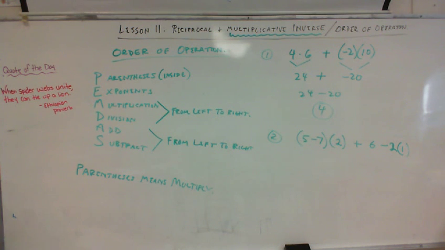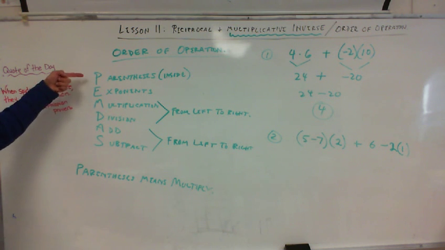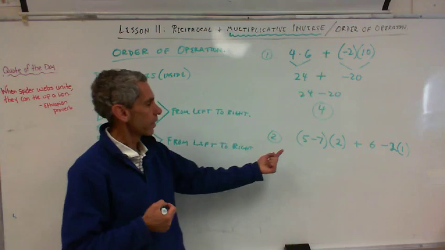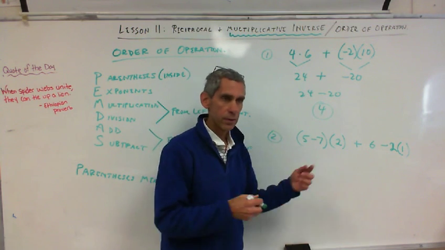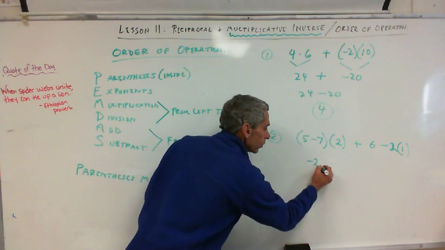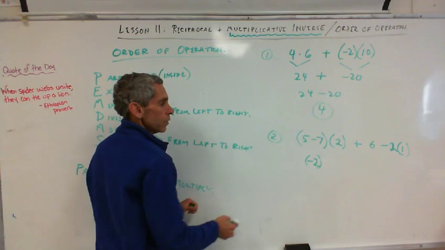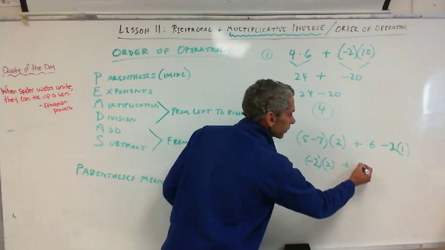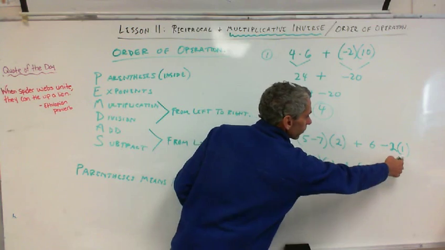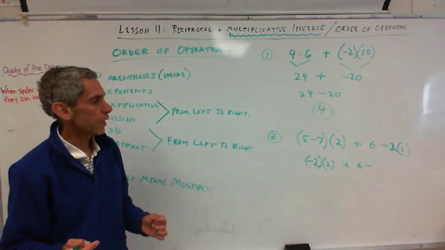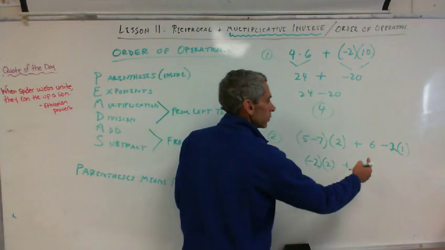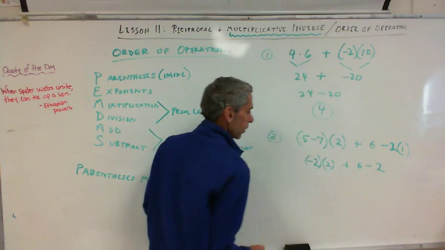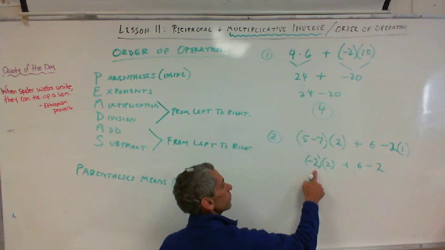So the first thing you look at is parentheses. Is there something inside of parentheses that you can simplify? What's 5 minus 7? -2. I'm going to keep it in the parentheses though. Times 2. Okay, plus 6 minus, oh, there's another multiply. What's 2 times 1? 2, right? Okay, now what's -2 times 2?